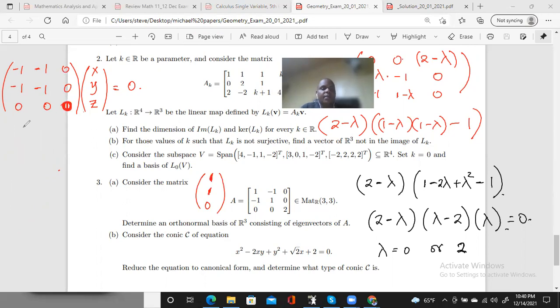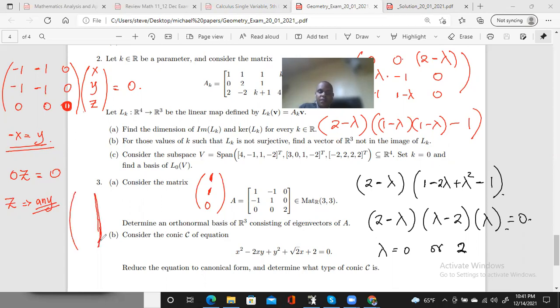So negative x equals y, so it would be minus 1, 1, 0. And then 0z equals 0, right? So z can be any number, right? Yes.